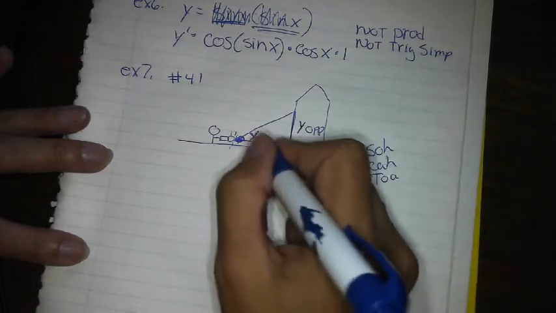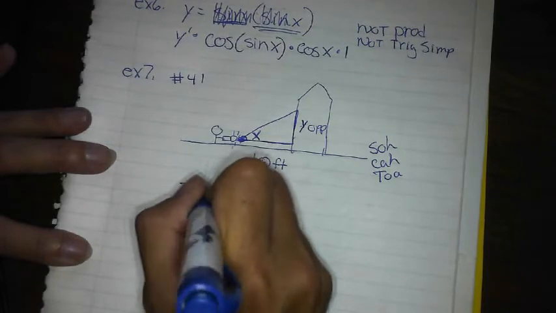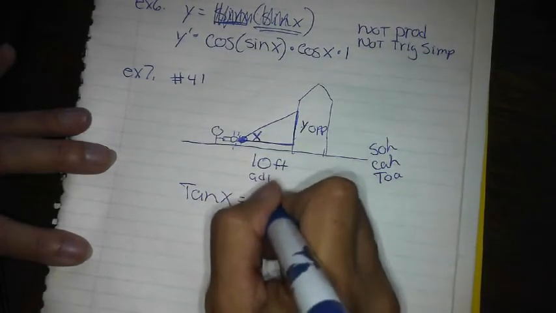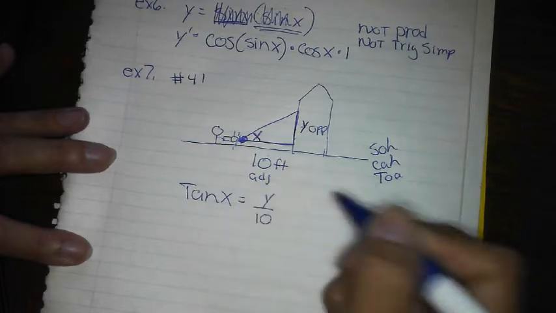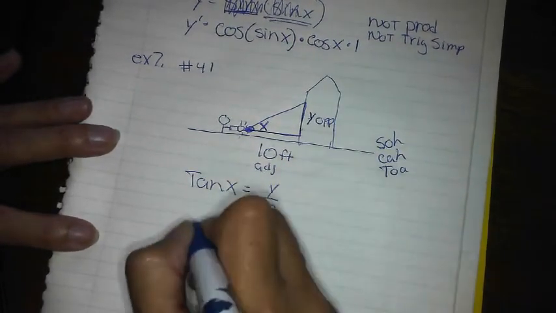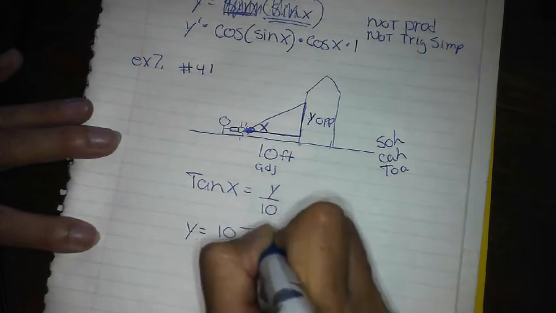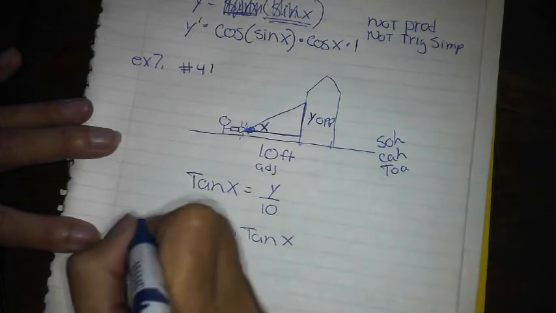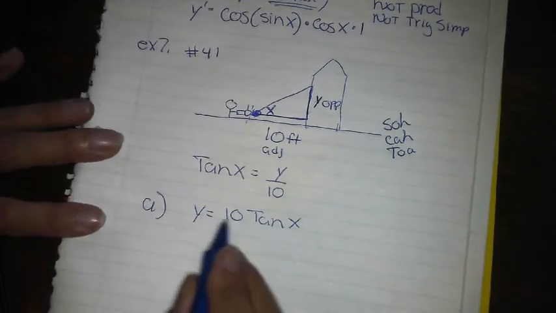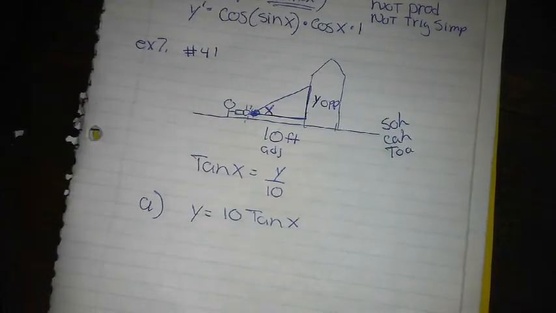So to write an equation relating these three pieces, you would write tan x equals opposite over adjacent. And then just to get it to y equals, you just multiply by 10. So y would equal 10 tan x. So part A was just asking you to verify that that equation was right, and I wanted to go through the review of that so you can finish that problem up.